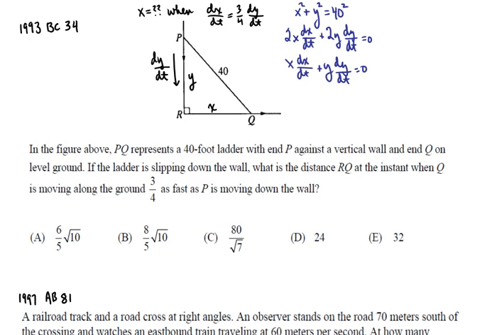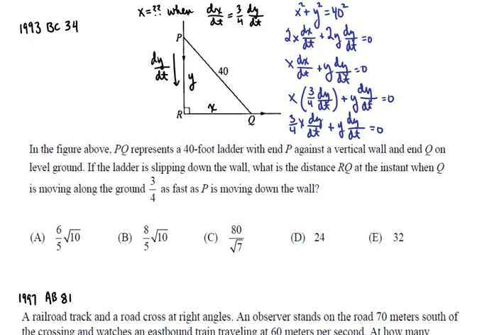At this point we can use our criteria above that dx/dt must be equal to 3/4 dy/dt. So we have x times 3/4 dy/dt plus y dy/dt is equal to 0. We multiply out, we get 3/4 x dy/dt plus y dy/dt is equal to 0.